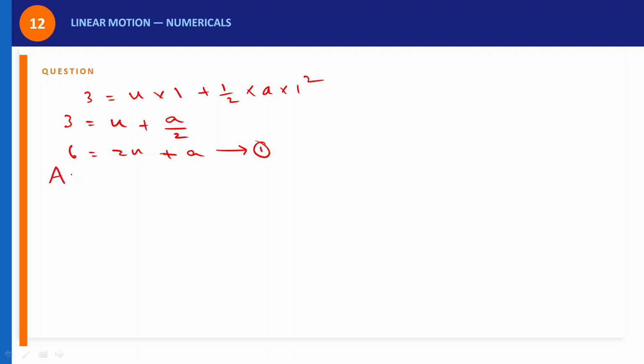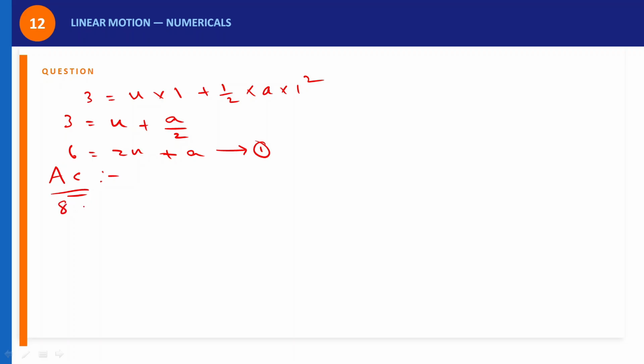I will take the case now A to C. A is the initial, C is the final. A to C time is 2 seconds and the distance is 8 meters.